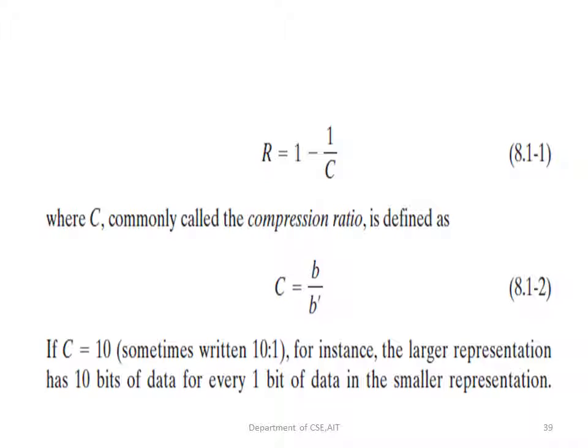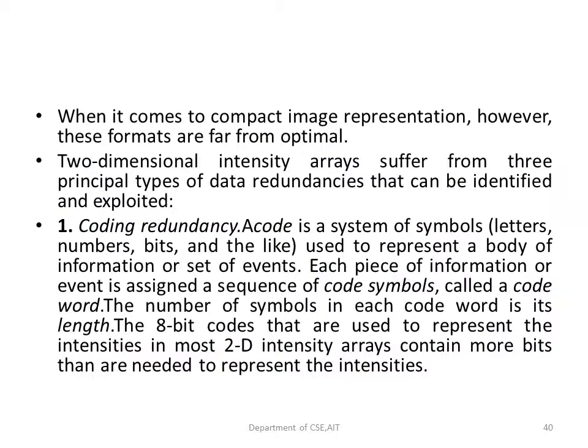The information will be the same, but the representation is in terms of B number of bits and B dash number of bits. So the compression ratio is given by B by B dash. For example, if C is equal to 10, the larger representation, that is the numerator, will have 10 bits of data for every 1 bit of data in the smaller representation.